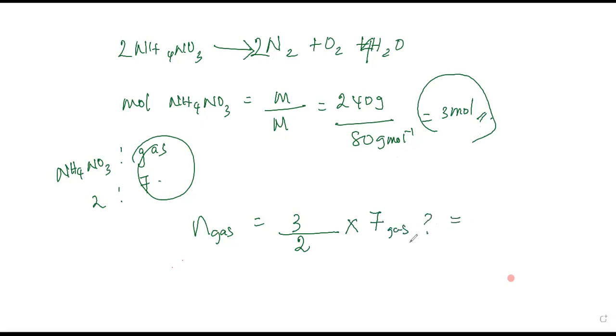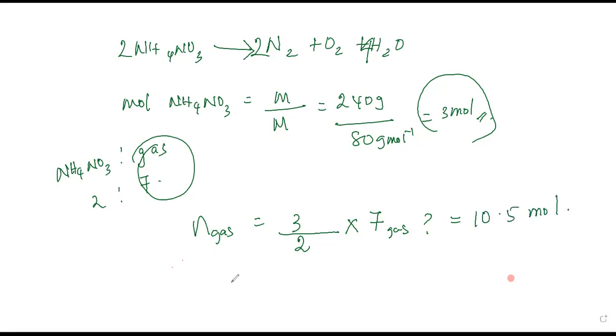This is how you have to write. Again, I am telling, just keep in your eyes, the equation ratio 2:7. According to your molar ratio, stoichiometric ratio, the 2 mole of ammonium nitrate, originally it's 3 mole now. What is it for the 7 mole of the gases? So your answer, if you assume 7 mole, yes, the mole is 10.5.